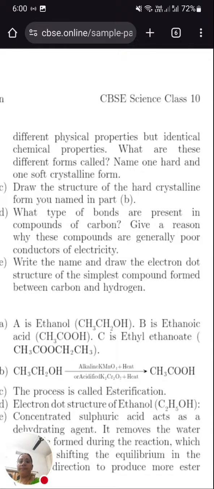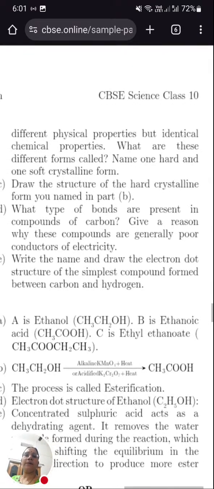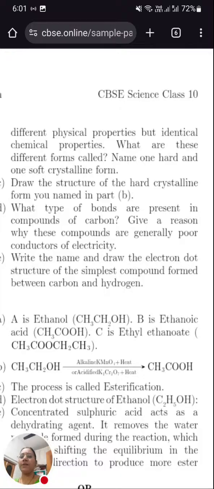Okay, let's continue. Here it is given: different physical properties but identical chemical properties. Allotropes are forms which have different physical properties but identical chemical properties. Why are the chemical properties of allotropes the same? Because the allotropes are made up of the same element. Carbon has different allotropes like graphite, carbon black and diamond.